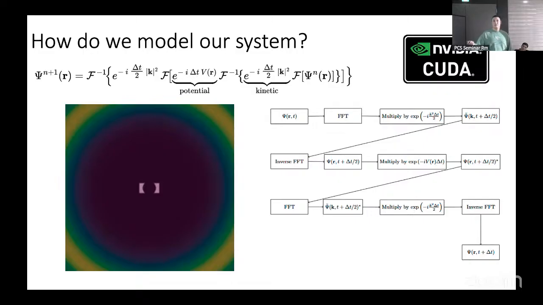Practically, this scheme is very convenient because if you have graphics accelerator units, GPUs, you can compute fast Fourier transforms very fast. So you just need a computer with a GPU, and this scheme will be calculated very fast compared to some other strategies.